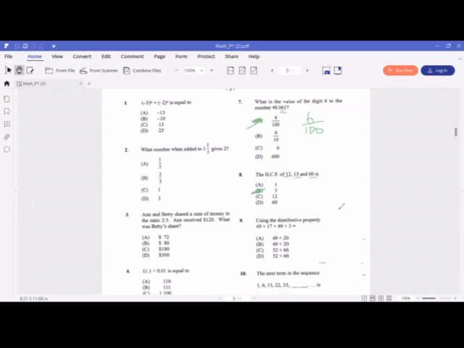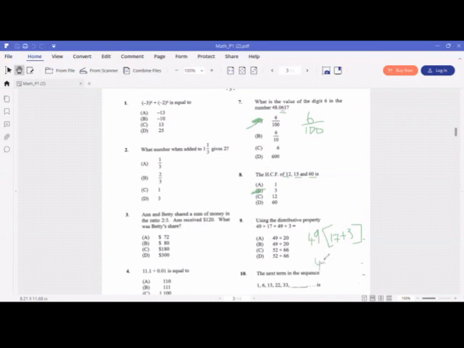Now it says, using the distributive law, or distributive property, 49 times 17 plus 49 times 3 is the same as, and we can take out what's common. 49 is common, leaving 17 plus 3. Now we can further simplify that by adding 17 plus 3.